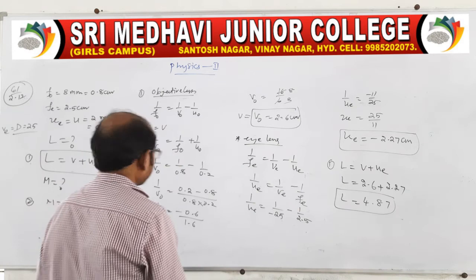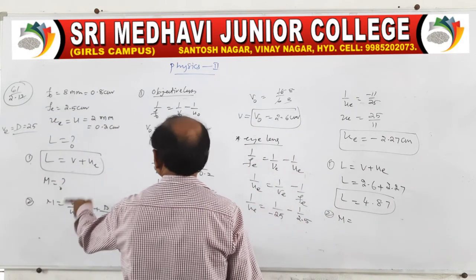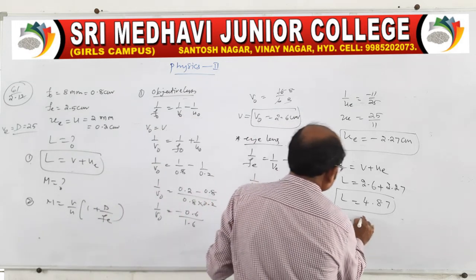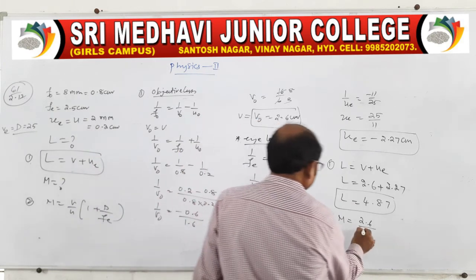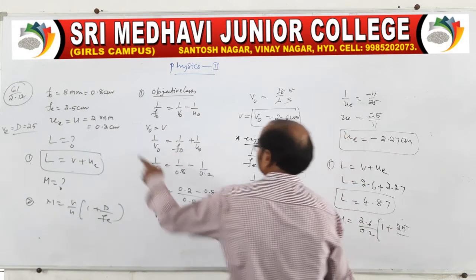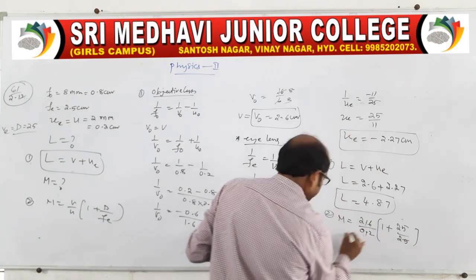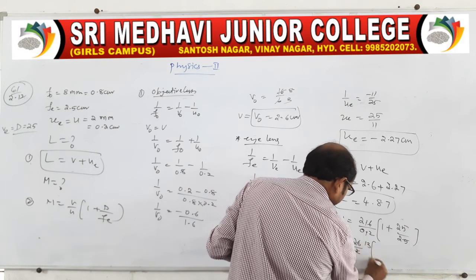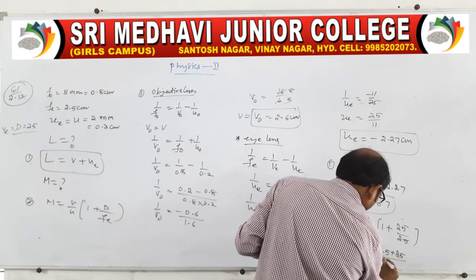And coming to the capital M, that is the magnification, it will be V by U into 1 plus D by Fe. What is V now? We know V is nothing but 2.6, and U is nothing but 0.2. Here 1 plus 25 by Fe, given as 2.5. So cancel this. Capital M is equal to 26 by 2, approximately 13, into 1 plus 25 by 2.5.